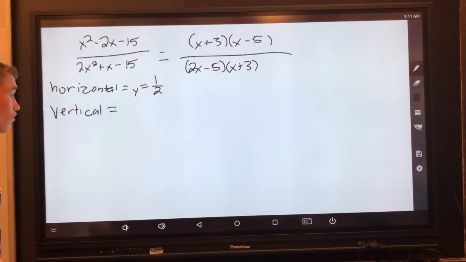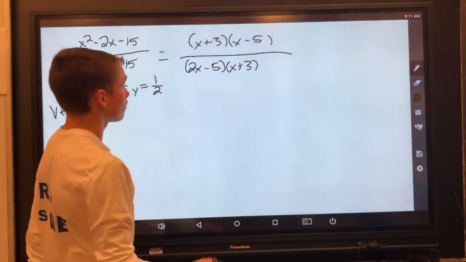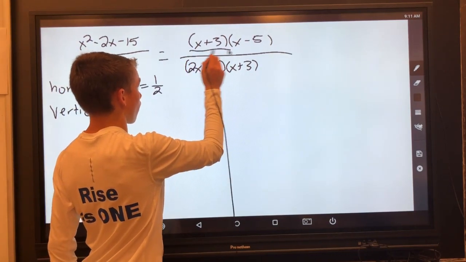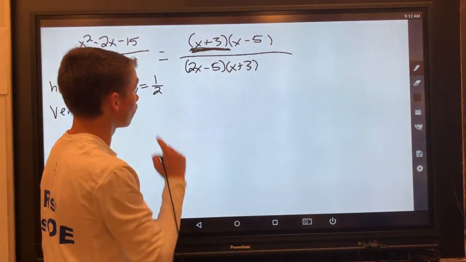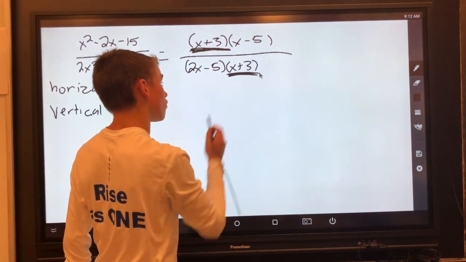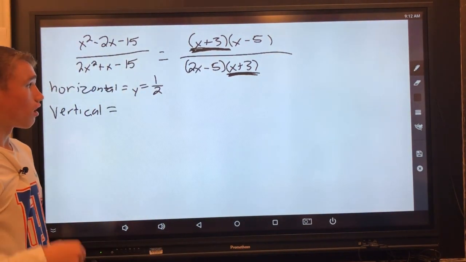Okay, so to find the vertical, first of all, we need to cancel out any factors that cancel out from the numerator and the denominator. That'll be x plus 3 in both of them. Don't erase them. They will be important just a little bit later.